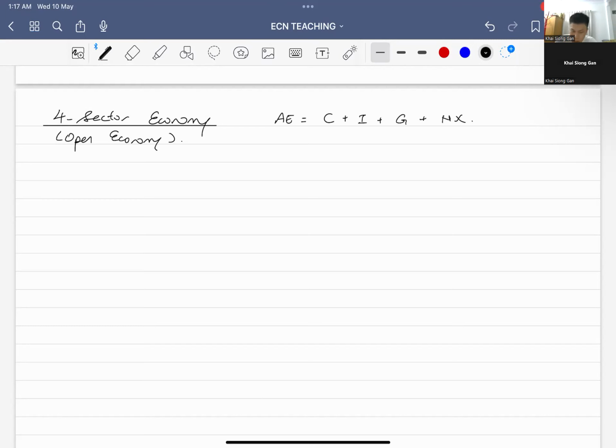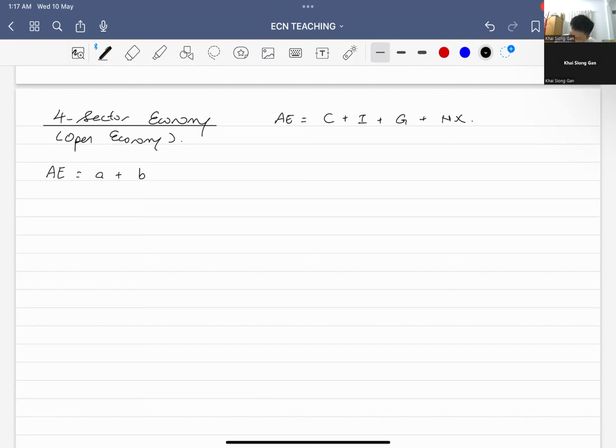Okay, so first of all, same thing here. We can write aggregate expenditure equals A plus B. We have extended our consumption function, right?